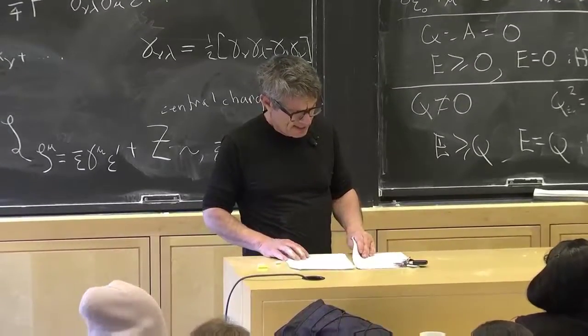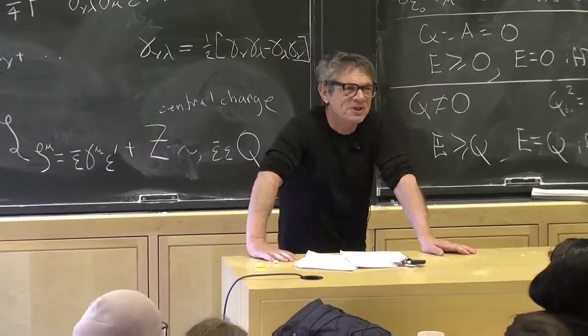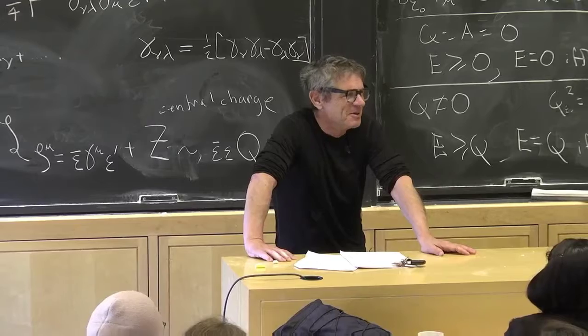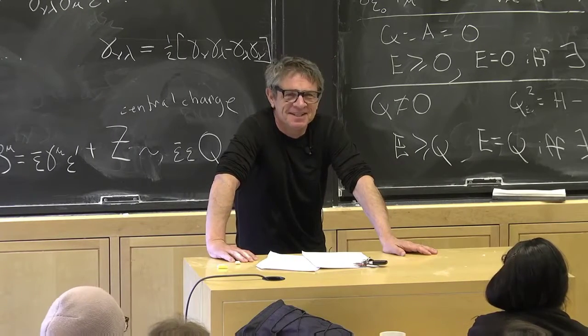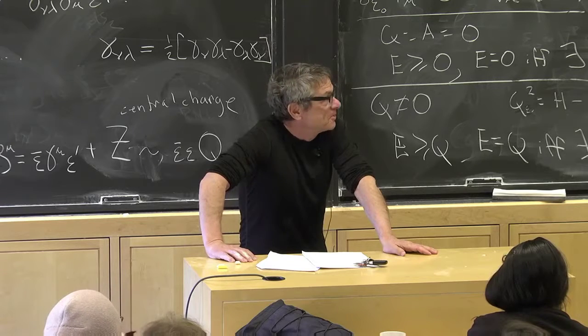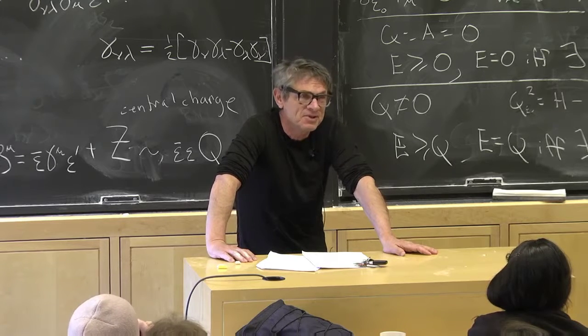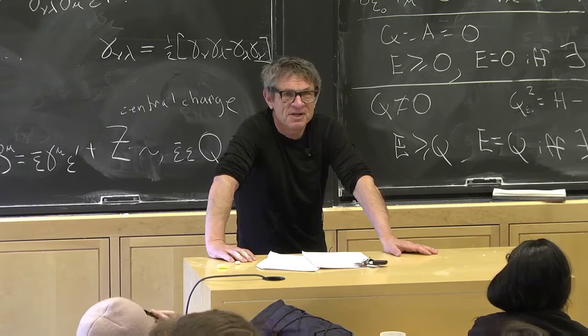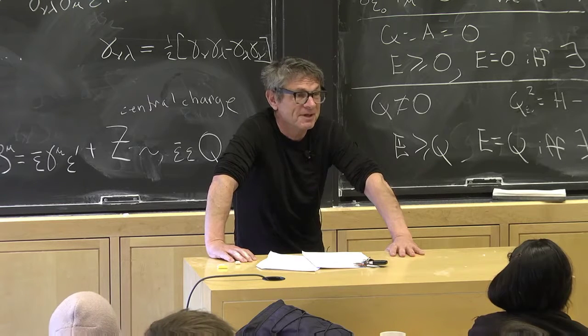So right, I guess this was a huge amount to absorb in one lecture, but what do I want you to take away? Well, general relativity has an extension to a theory which has a lot more symmetry, supergravity.